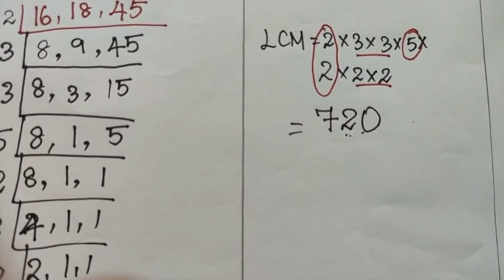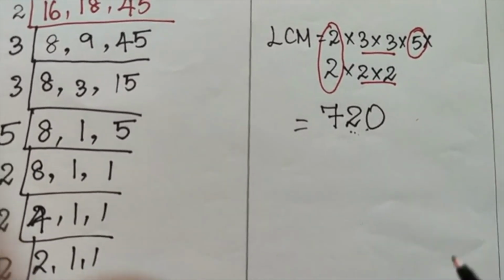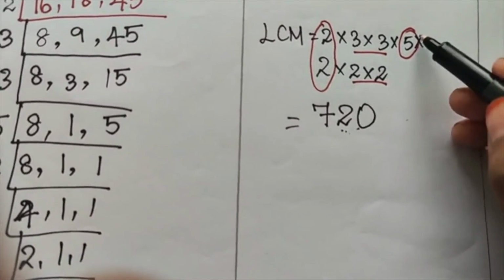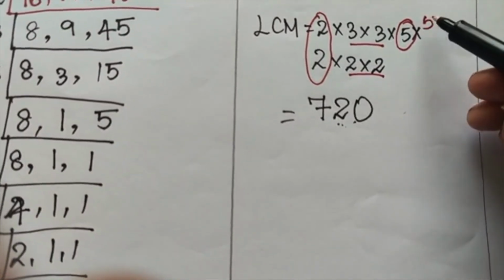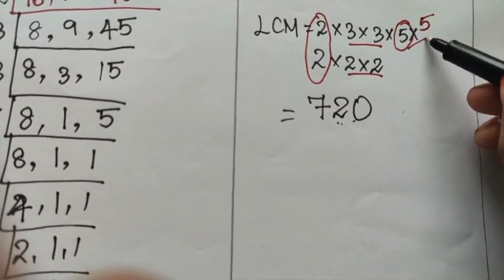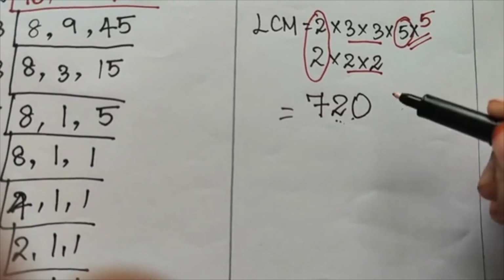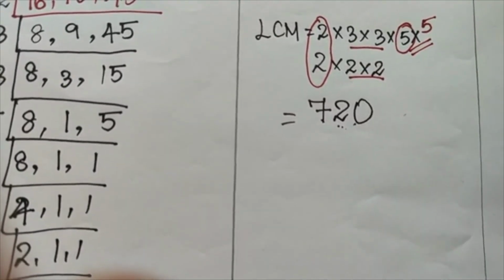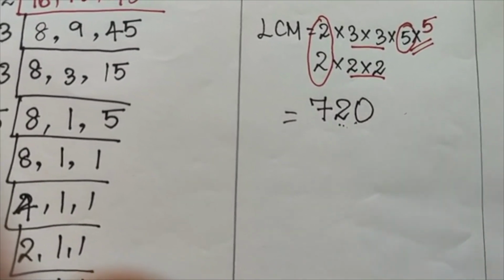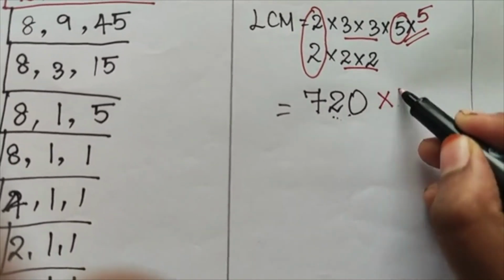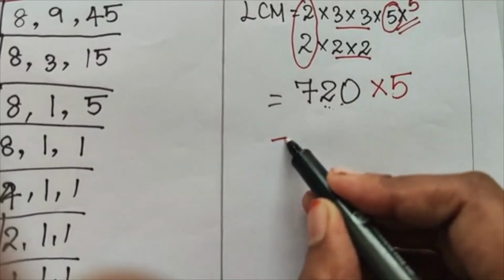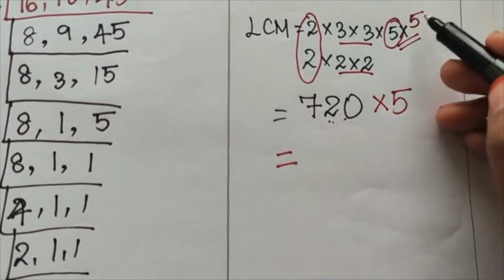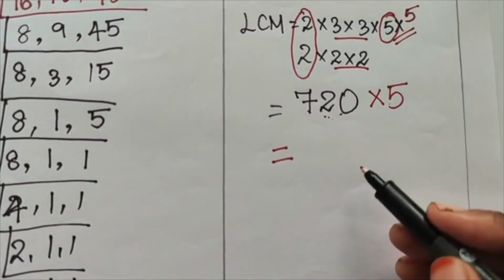But we can change this into a perfect square. How can we change it? If I multiply this with 5, obviously this 5 will get a pair, which means the product obtained is a perfect square. So let me multiply by 5. 720 into 5. I am multiplying with 5 because this number will become a perfect square.